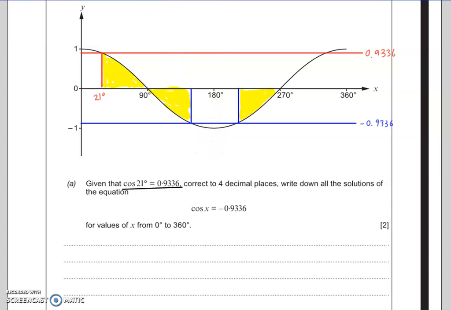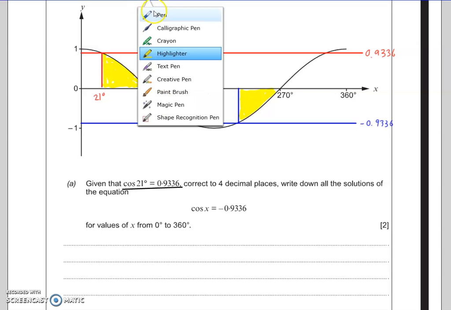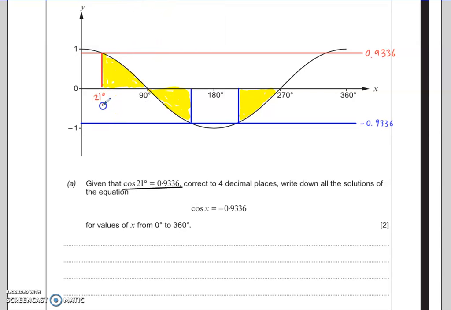Okay, so now we're looking for the width of these triangles. So from 21 to 90, that's a gap of 69 degrees, which means these other two must be 69 degrees as well. This one is 69 degrees more than 90, and this one is 69 degrees less than 270.